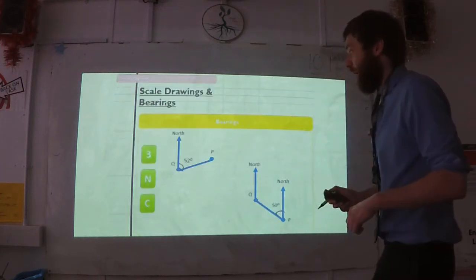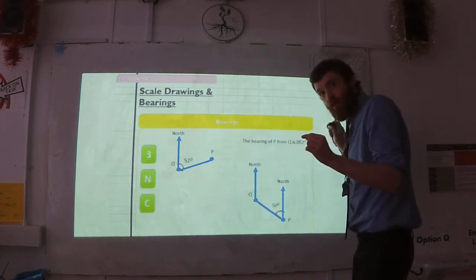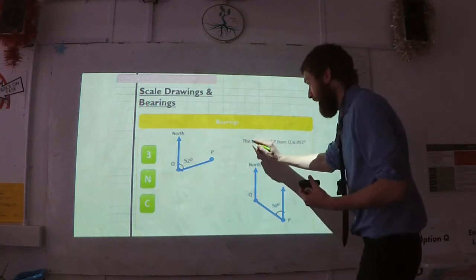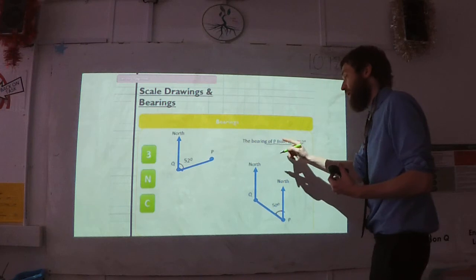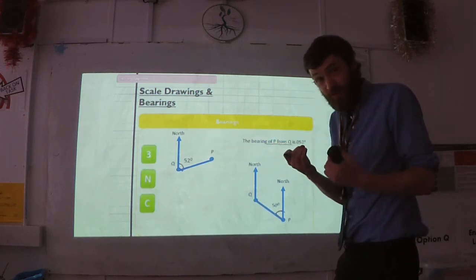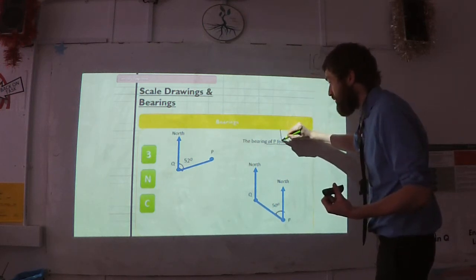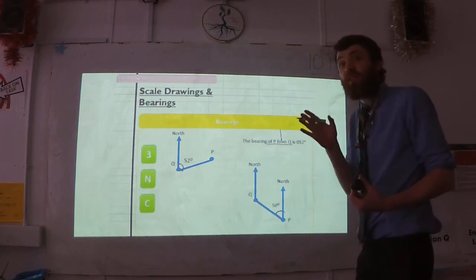So, a couple things. Right, the way it's written makes it feel more difficult than it is. So it says, the bearing of P from Q. Let's look at that. The bearing of P from Q. Right, the way it's written is baffling to us, but the most important part is where it's from. Where it says it's from, that's where we start.